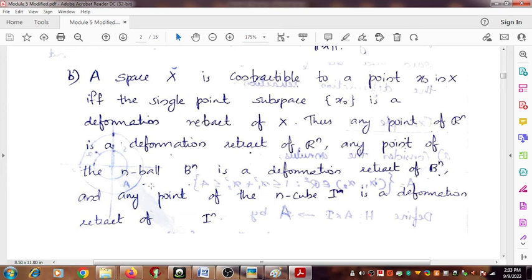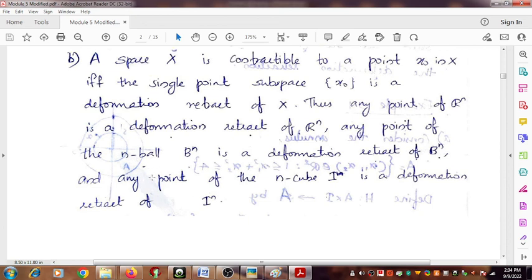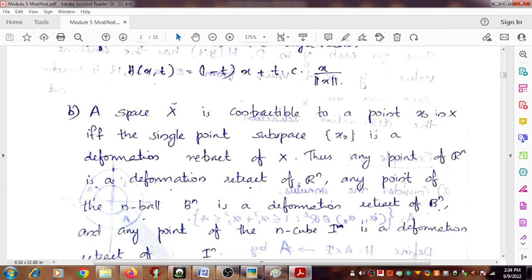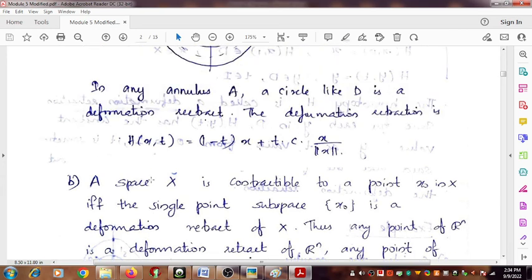In a similar way, the n cube, I raised to n, can also be deformed to a single point in the same space. So I to the n can be deformed to any point present in that space, and Bn can be deformed to any point present in that space. And in the most general situation, Rn can be deformed to a point present in that space. Okay, that's about the deformation retraction and the deformation retract of topological spaces.